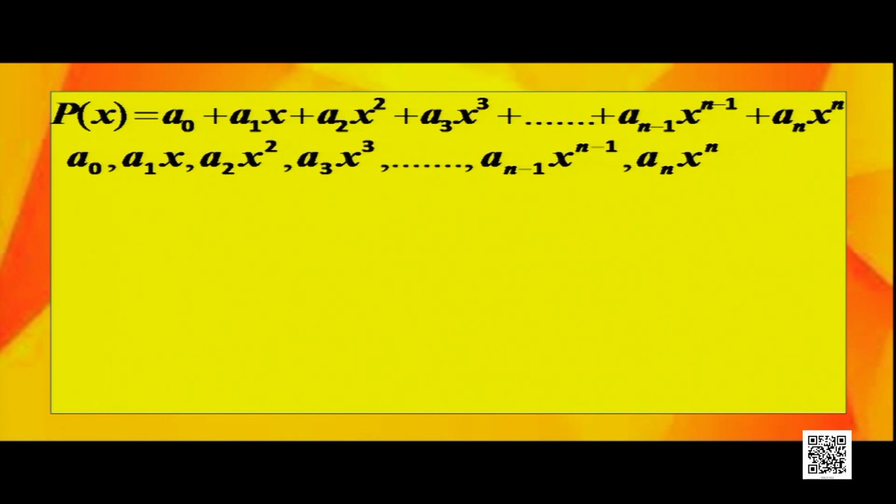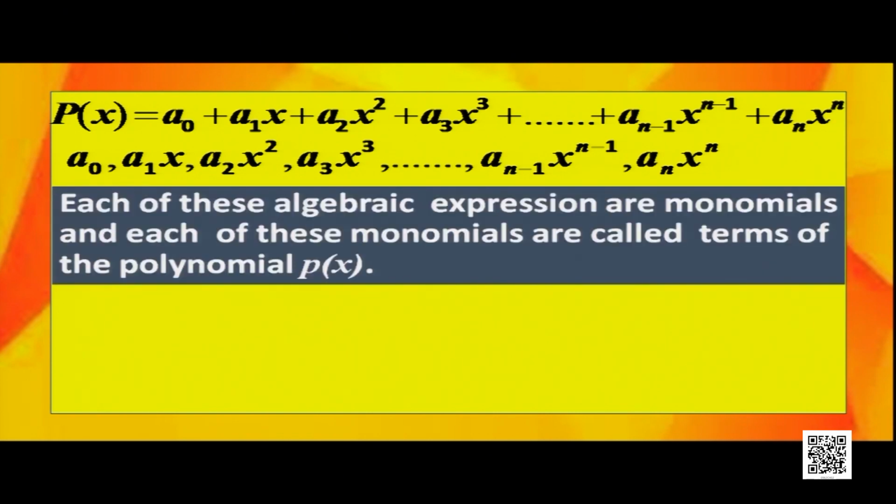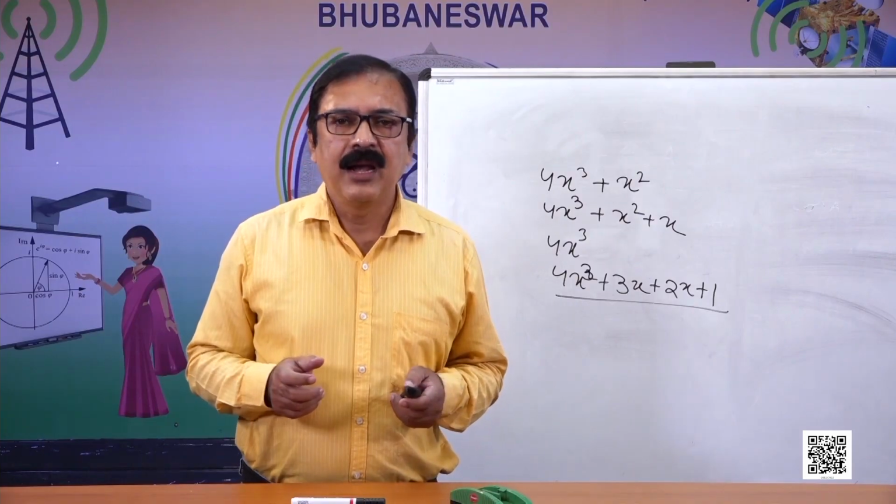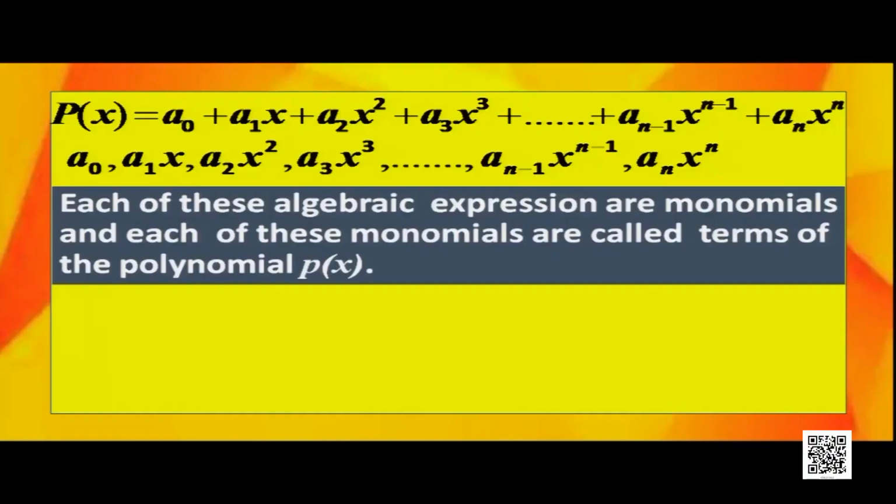Each of these algebraic expressions is a monomial, and each of these monomials is called a term of the polynomial p(x). As n is a non-negative integer, each term is a monomial, and each monomial is a term of the polynomial p(x).